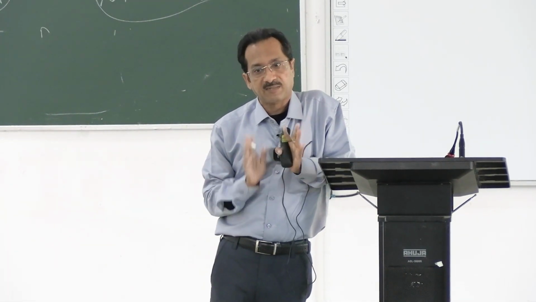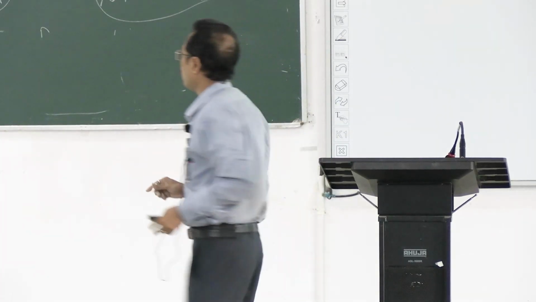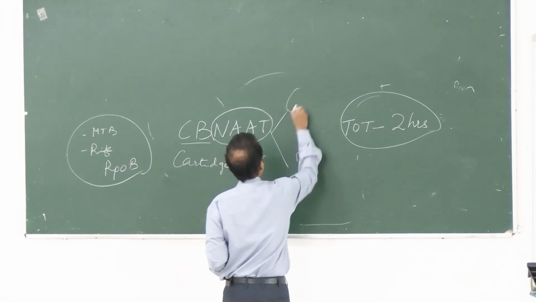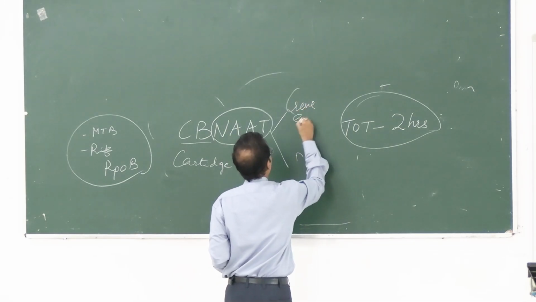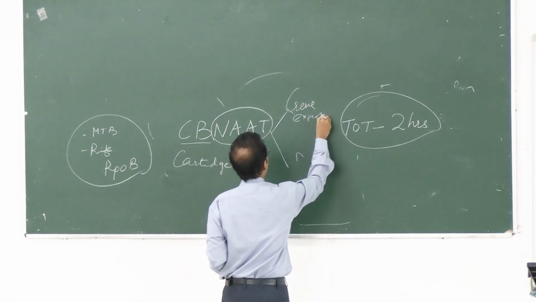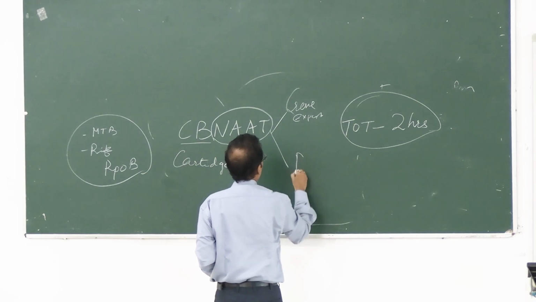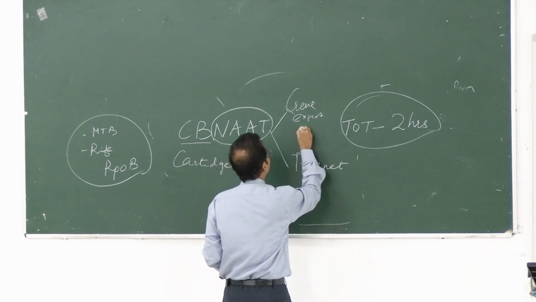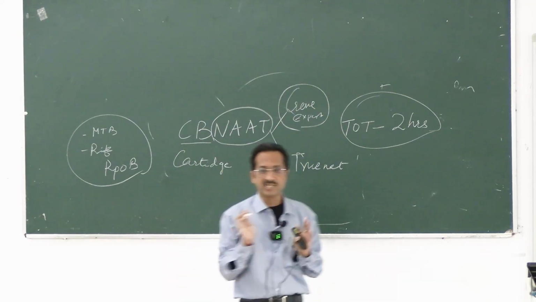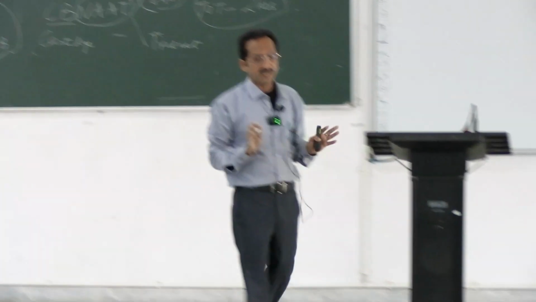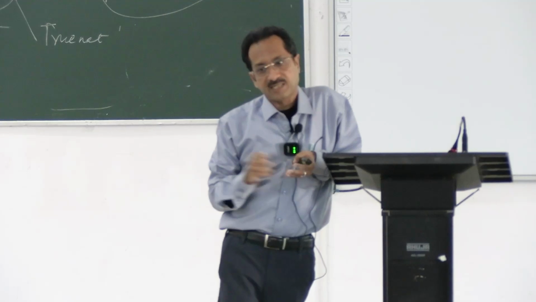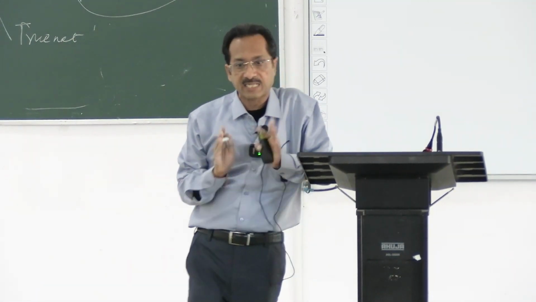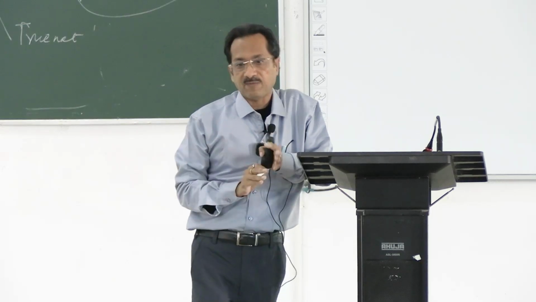There are two companies: one is GeneXpert by Cepheid and another is TrueNat. Sometimes the examiner knows only the name GeneXpert. GeneXpert is a particular company name, Cepheid, and TrueNat is another, from India. These are the two CBNAAT cartridge based nucleic acid amplification tests.